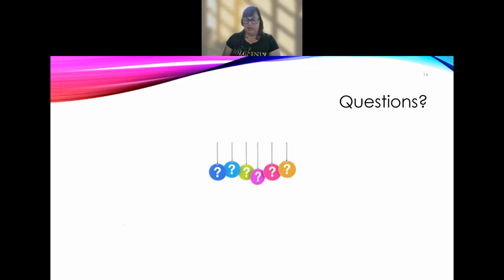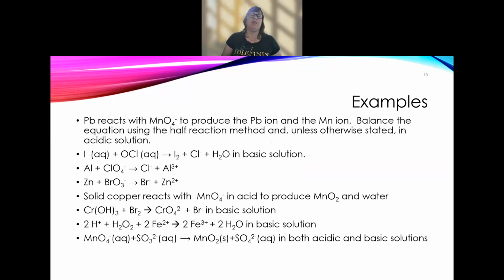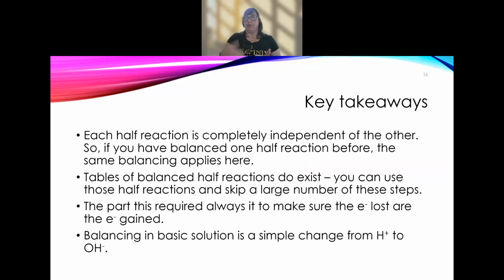There's one other slide that I want to talk about, and that is our key takeaways. So you may notice as you go through this practice, and hopefully you will practice enough to notice this, each half reaction is completely independent of the other. So if I have a half reaction that I have balanced once, I can use the exact same balancing in another problem.